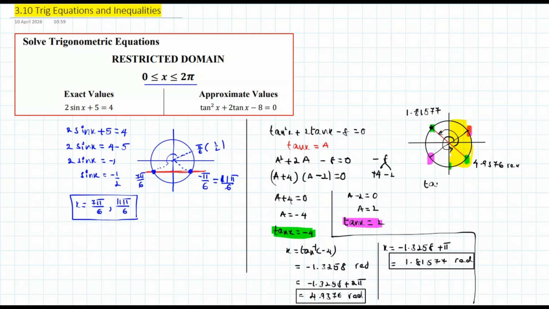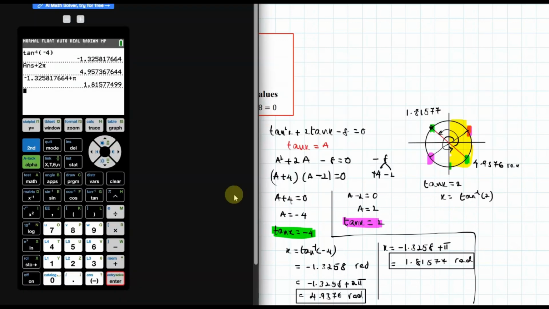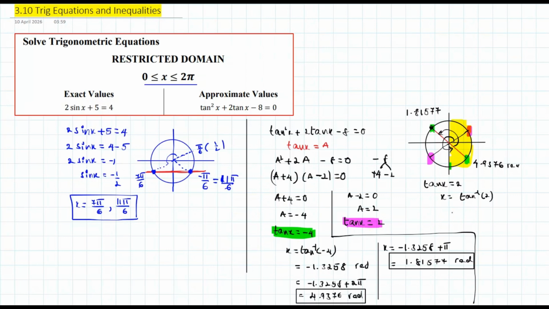So let's use tan x equal to 2, that is x equal to tan inverse 2. Now let's use the calculator. Second tan, 2, and you get 1.10714, which is the angle in the first quadrant.